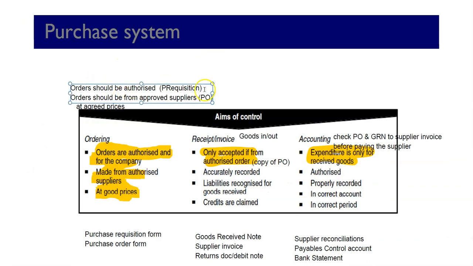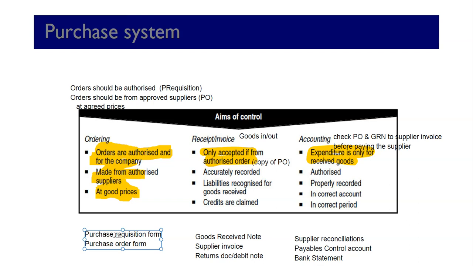Purchase system, once again, is divided into three. The main documents in each section are the purchase requisition form, which is the commencement of the purchase cycle. So the purchase requisition form is where someone in the functional area needs a new laptop, for example.